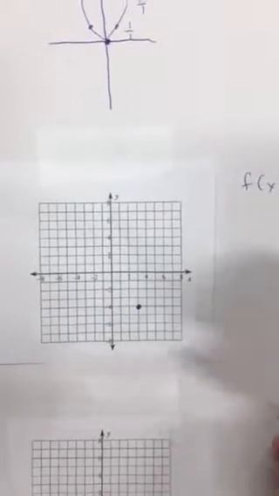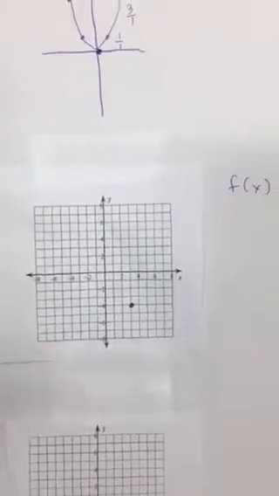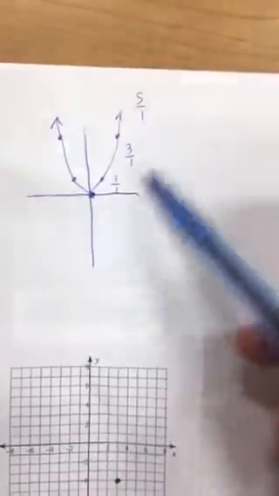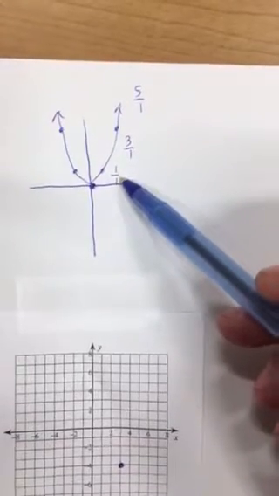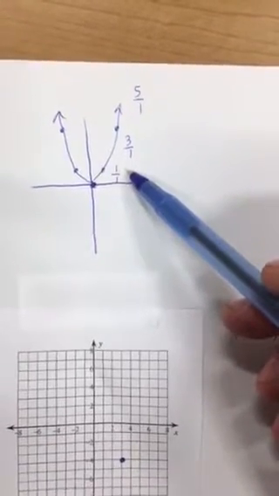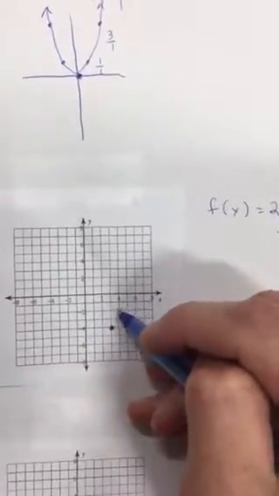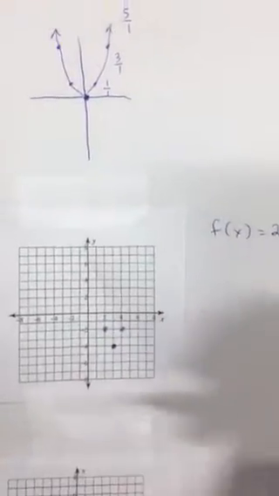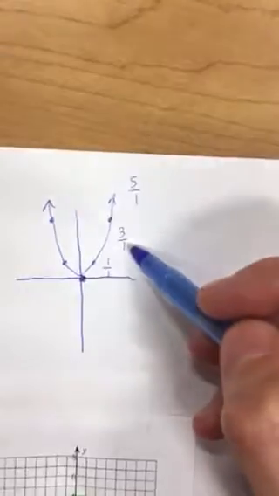So you could create your table of values and multiply all your outputs by 2. Or what you could do is generate your outputs from these steps. So normally I would be going up 1 over 1. Now I'm going to go up by 2 over by 1 in each direction because I'm dilating my steps by a factor of 2. And I'm going to do the same thing for the next one.